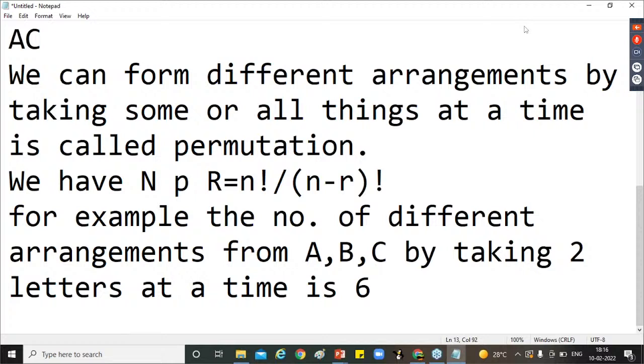How can you get 6? AB, BC, CA, BA, CB, AC.